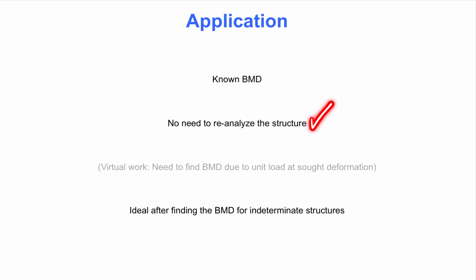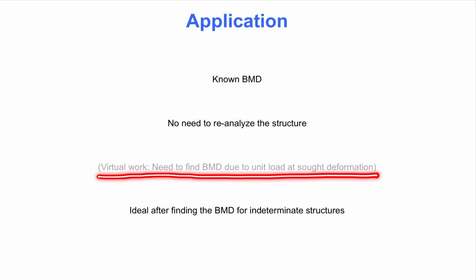That contrasts with the virtual work method for calculating deformations, which requires the analysis of the structure subjected to a unit force or moment at the location where we want the deformation. This is why the virtual work method is awkward for statically indeterminate structures, unless it is used as part of the flexibility method.